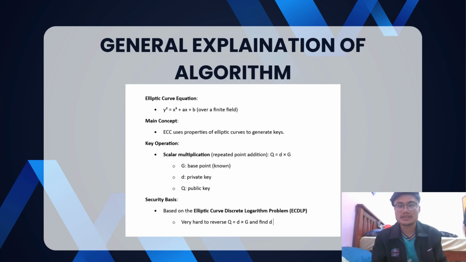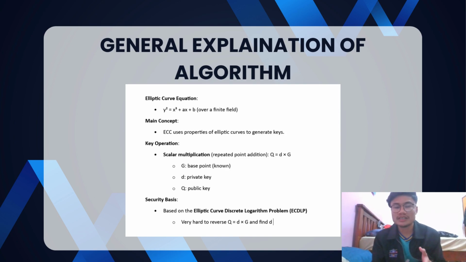These curves are defined using a special equation, which is y^2 = x^3 + ax + b mod p. This equation forms the shape of the elliptic curve, and it is used to define the set of valid points that we work with in ECC.